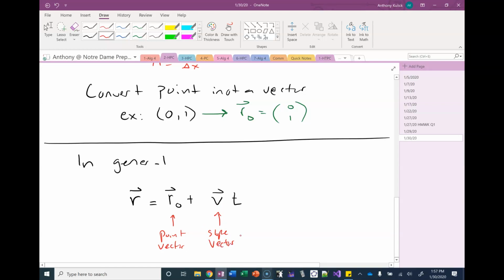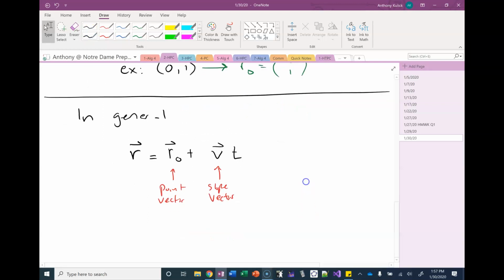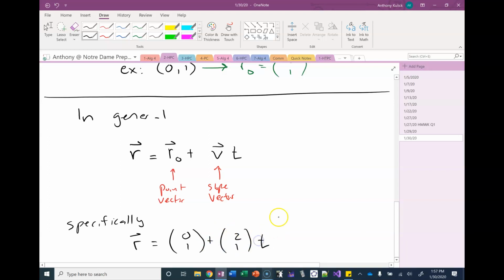Does this look quite similar to y equals mx plus b still? Yeah, it does. So in our specific case that we were working with, we have 0, 1 plus 2, 1 times t.